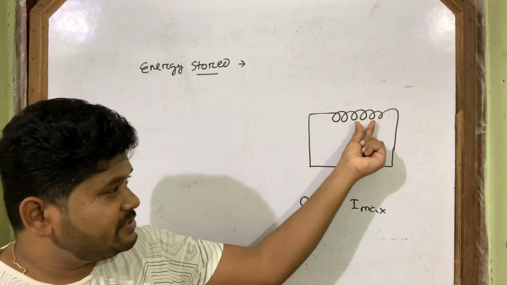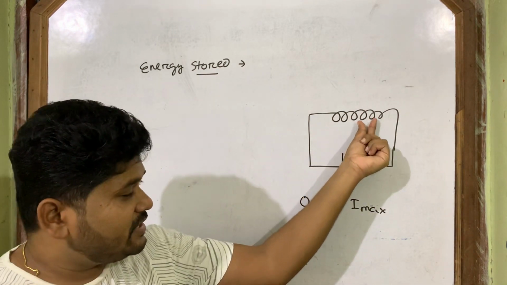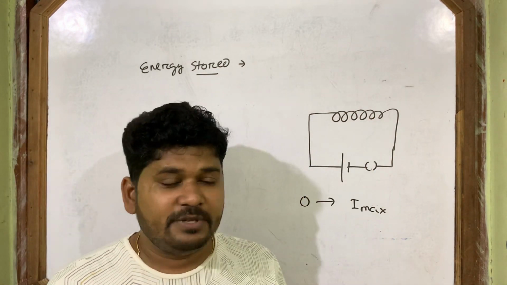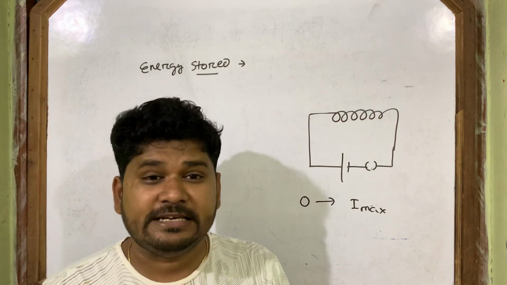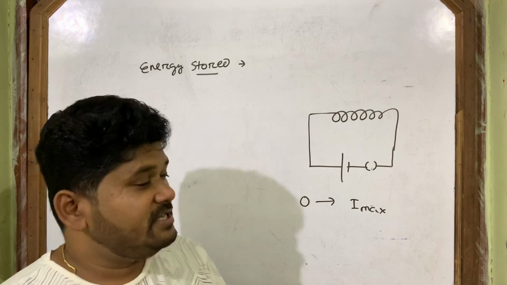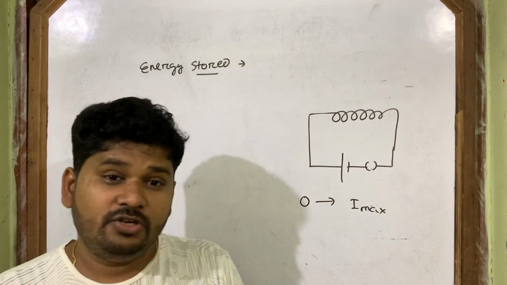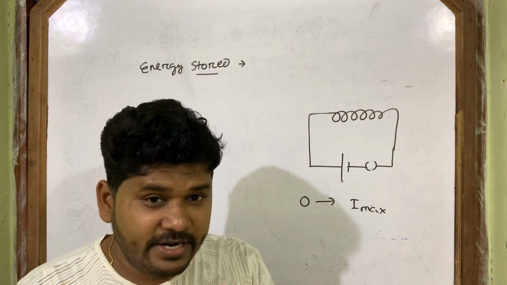What EMF is induced here that opposes the increase in current? It means it will not allow the current to increase.